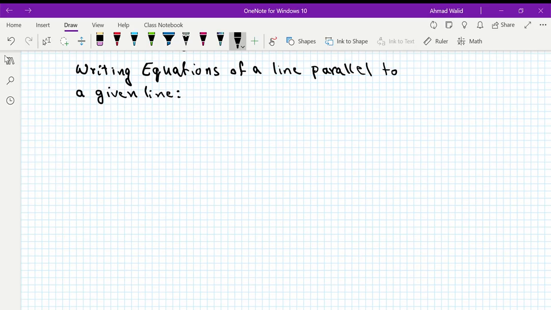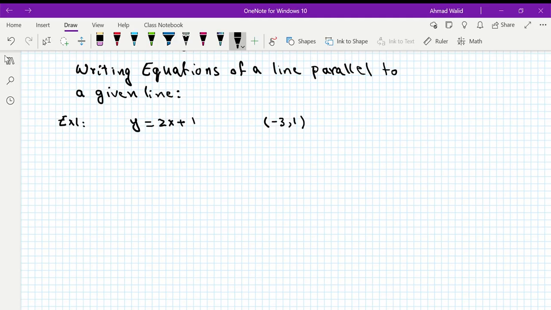Let me copy one example from your book. An equation is given to you. Let's say example number 1. I'll explain everything here for you. Y equals 2x plus 1. And they're giving a point for the second line, which is negative 3 and 1.